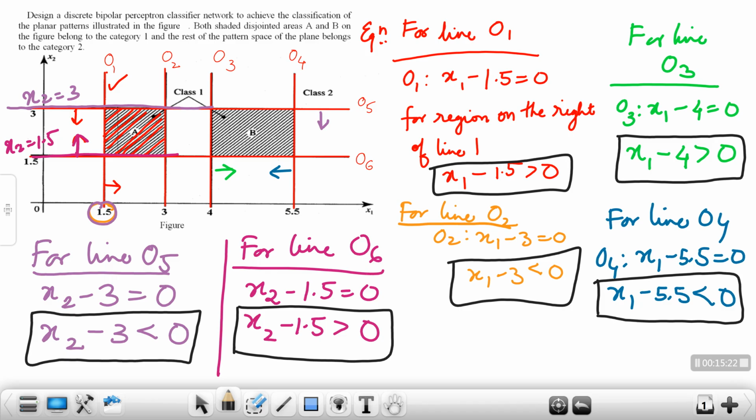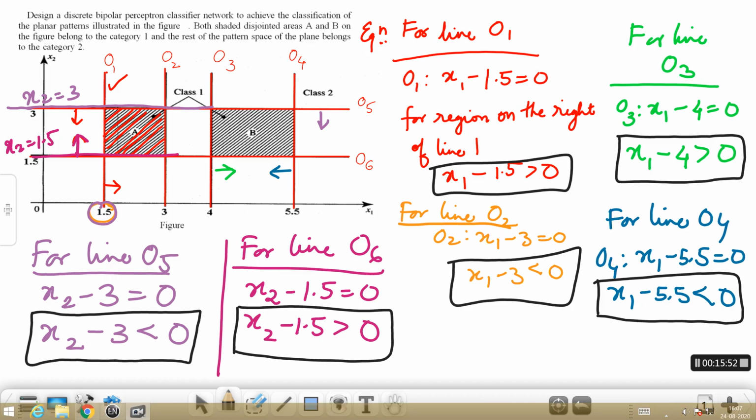Now, wherever it is x1 minus 1.5 greater than 0, all these things are fine till now. But now we want to design a neural network. So there is something that we have to use, a change of sign. Whenever I write this particular equation, I have to use change of sign.